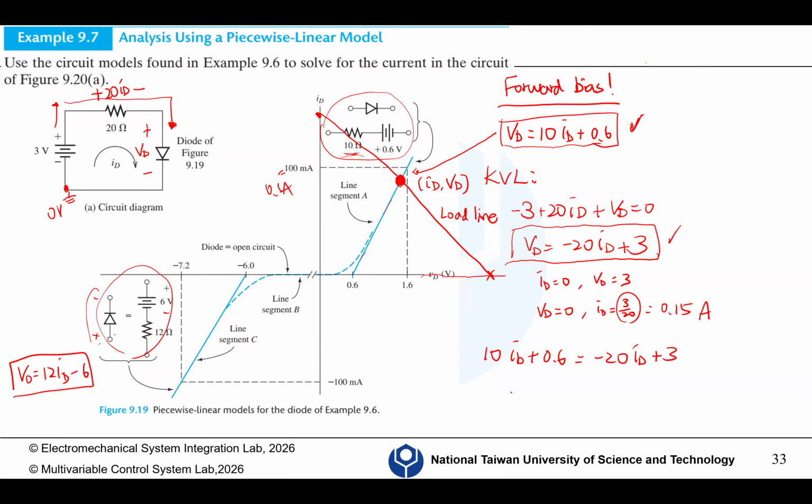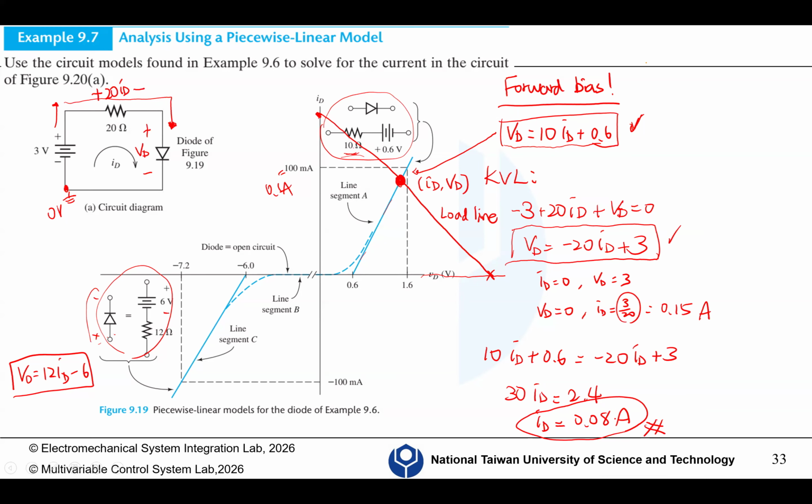So we have 30 ID equals 3 minus 0.6, which is 2.4. So ID should be 2.4 divided by 30, which is 0.08 ampere. Okay, so we got our solution: the current ID for this solution is 0.08.